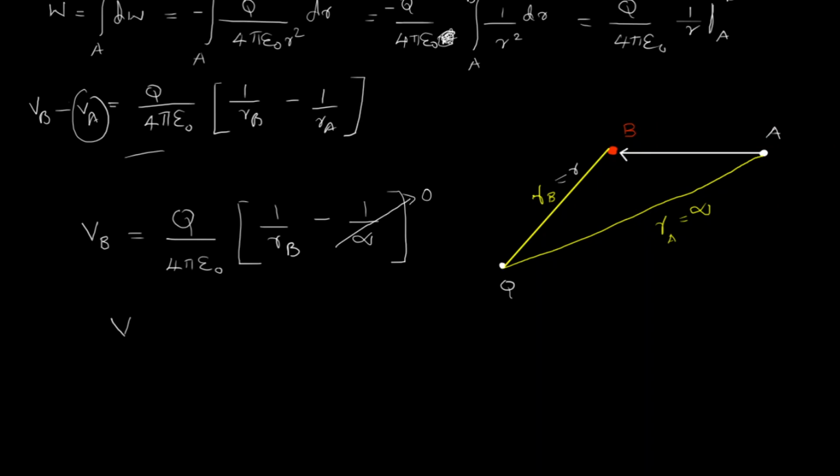So this equation becomes VB = Q by 4 pi epsilon naught RB. So in general, this is the potential at B and the distance is RB. As I told you, RB can be a general distance R, and this point B can be any point. So if I write this equation generally, the potential at a point V is written as Q by 4 pi epsilon naught R.